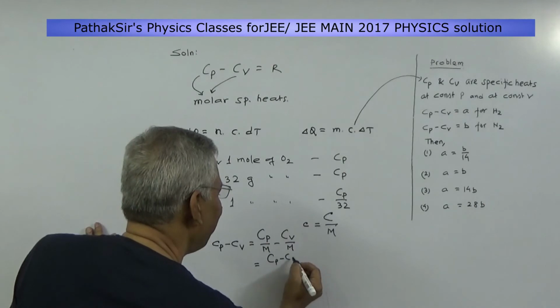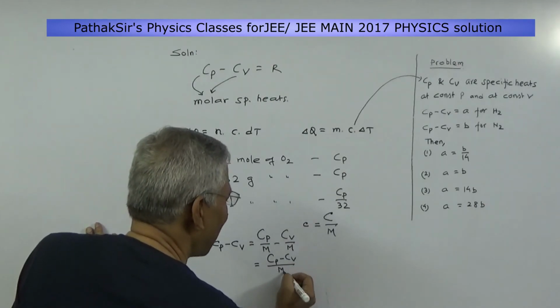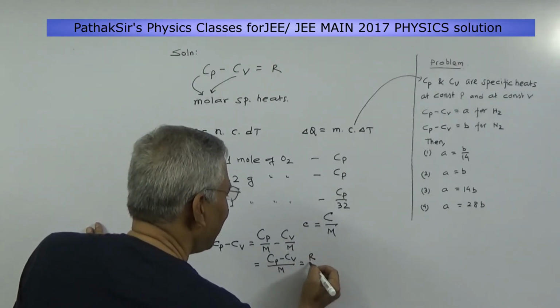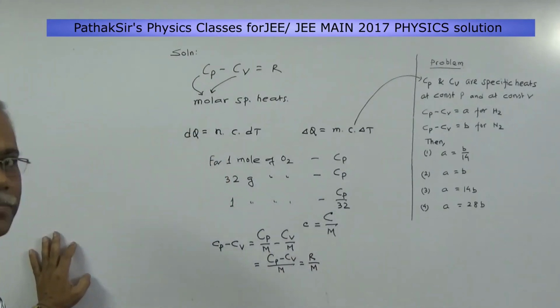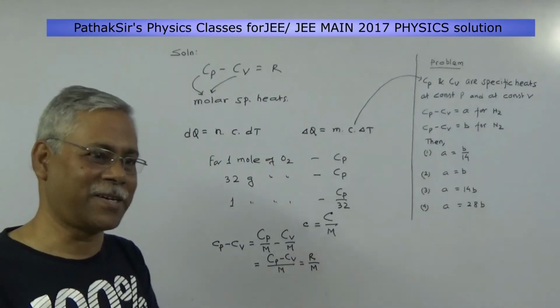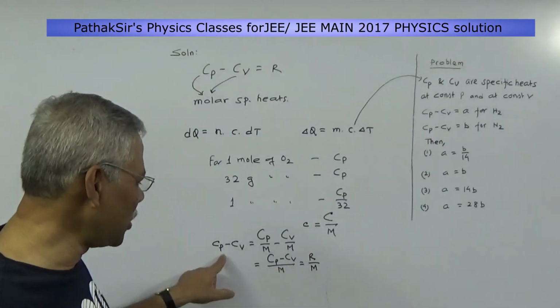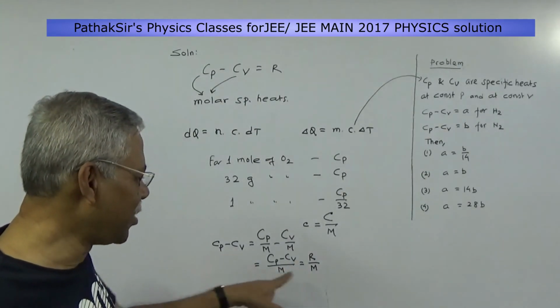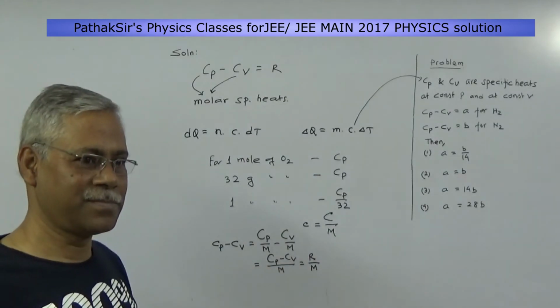Memorize it. Again, this problem will come in your time because this has been coming since last 20 years. Similar problems are coming every year. So small Cp minus small Cv equal to R by m.